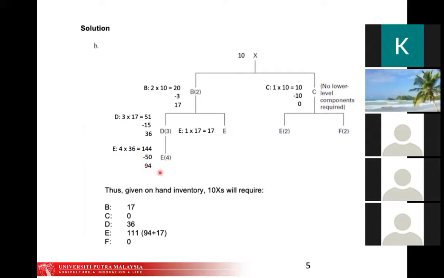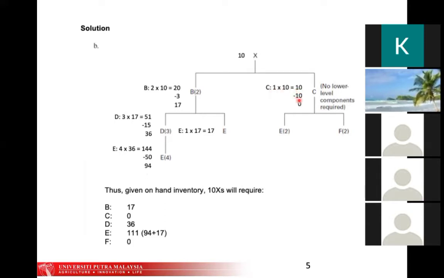For E on the right side of B, 1 times 17 gives 17, referring to the 17 from B. For component C, we calculate 1 times 10, we get 10.